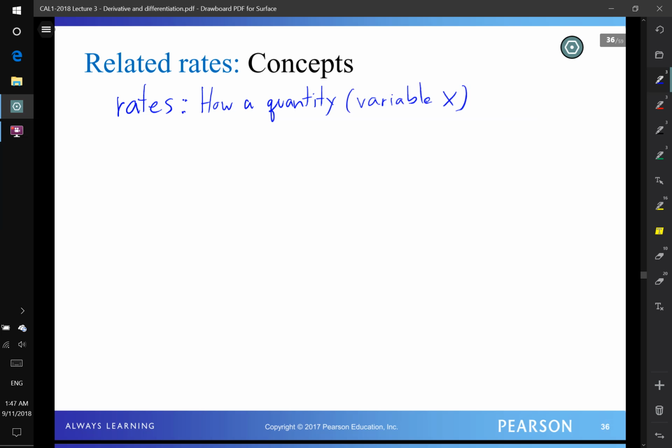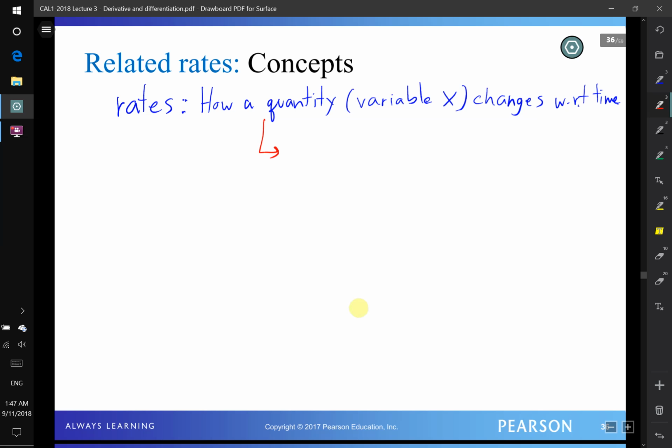How a quantity changes with respect to time. It's about how a certain quantity changes when time passes. Once again, this quantity can be just about anything you want.